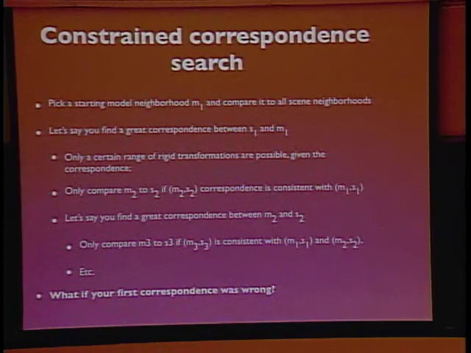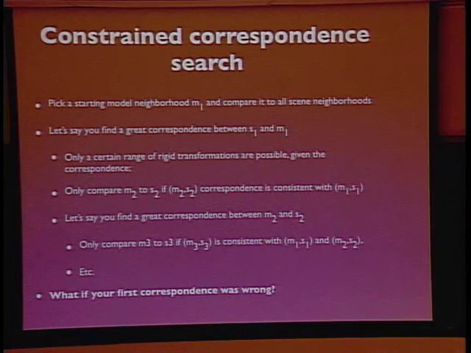As I said earlier, constrained correspondence search constitutes starting with a particular spatial neighborhood on your model, call it M1, and then comparing it to all neighborhoods on your scene, the naive way. Let's say you find a great correspondence between M1 and some S1, which is a signature corresponding to a point on your scene.